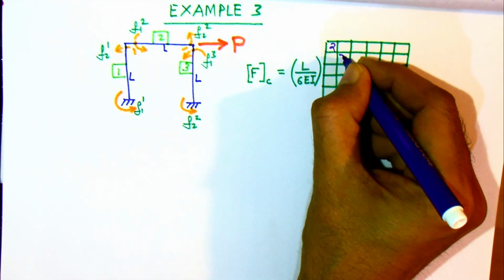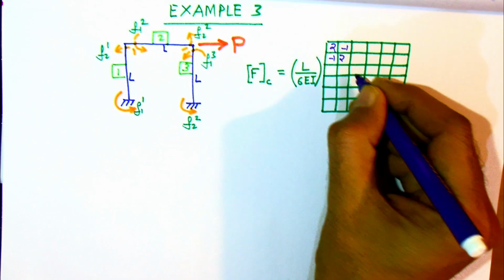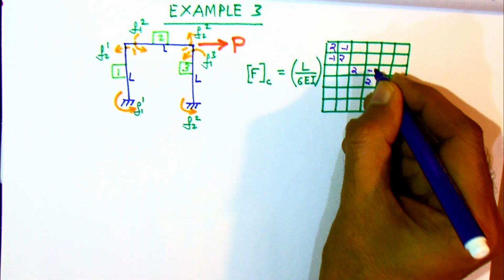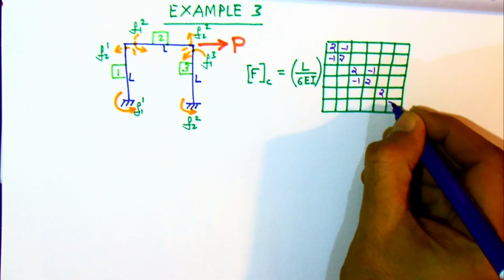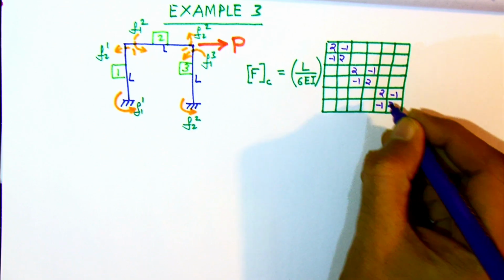All the 3 members have the same length and same EI value, so L by 6 EI is common, and we can now substitute here the values 2, 2, minus 1, minus 1, and we can repeat these along the diagonal. That will give us the collective flexibility matrix. The remaining terms are zeros.